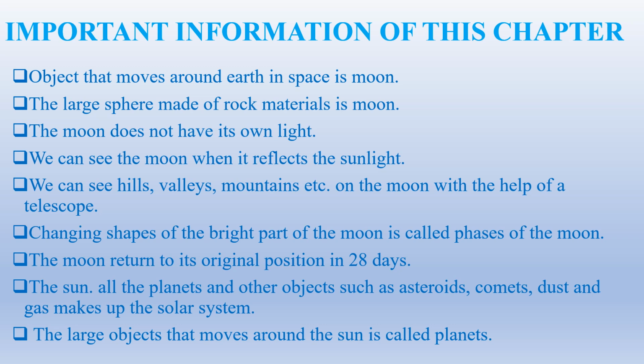The sun, all the planets and other objects such as asteroids, comets, dust and gas make up the solar system. The large objects that move around the sun are called planets.